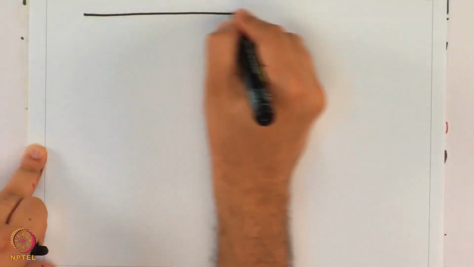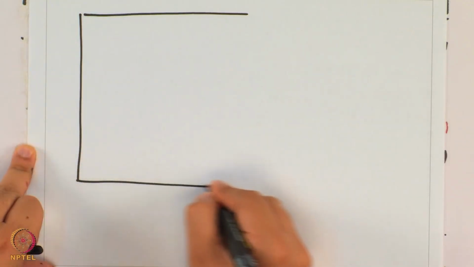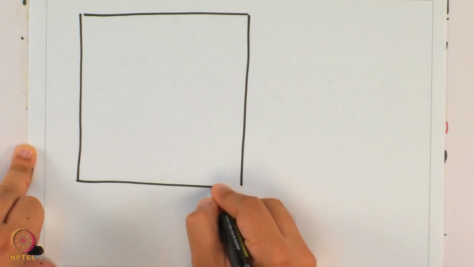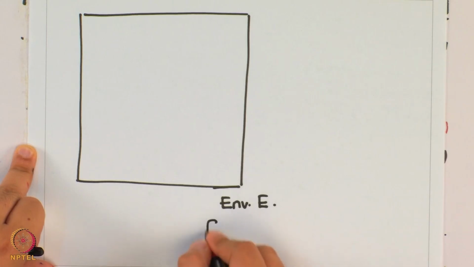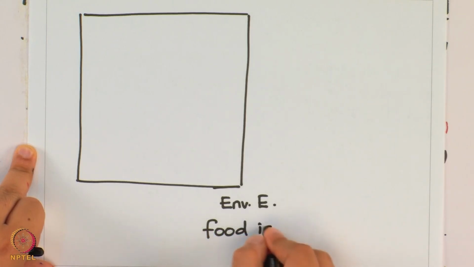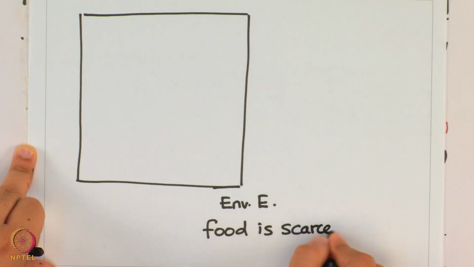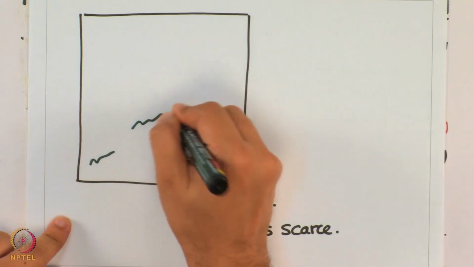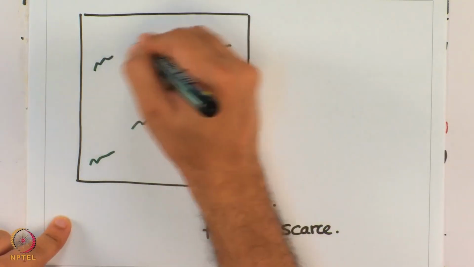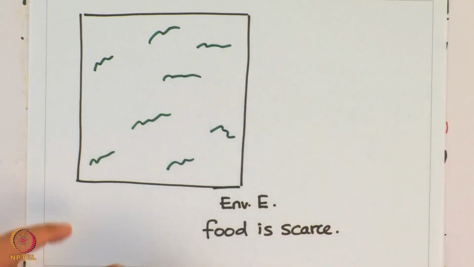Okay. So, let's start with an example where something like this might play out. Let us imagine an environment, my environment E, where food is scarce, and the only food available is these polymers in the environment which cannot be directly used by bacteria.